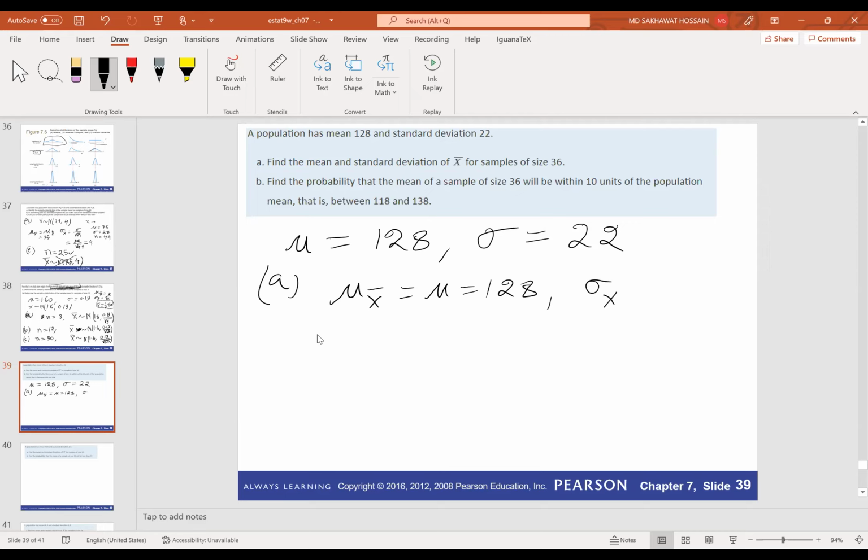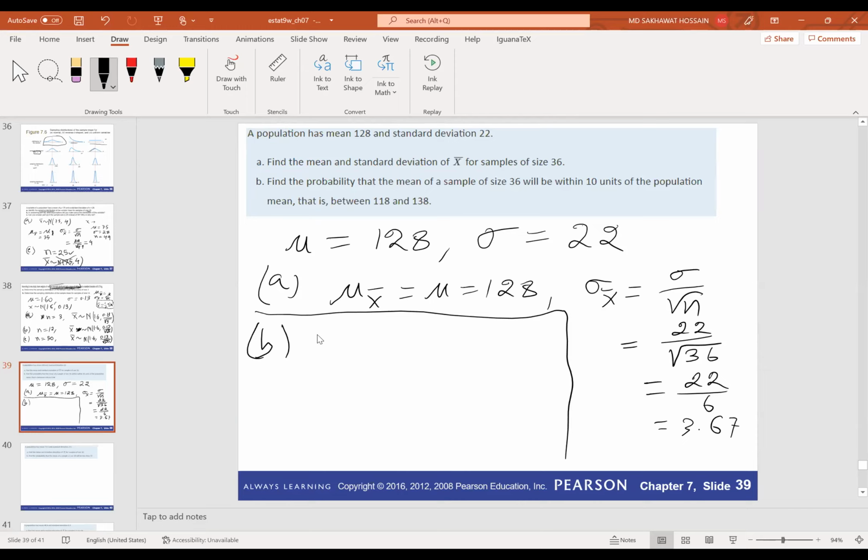And we also need to find sigma X bar, sigma over square root of n. That means 22 over square root of 36, 22 over 6. So it will be 3.67, I guess. So this is the mean and standard deviation. We are done with part A.